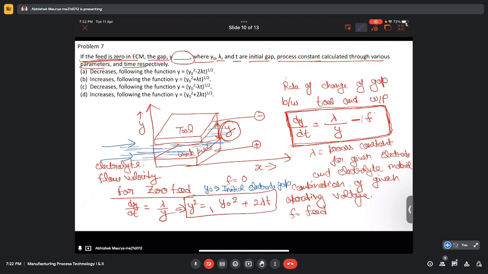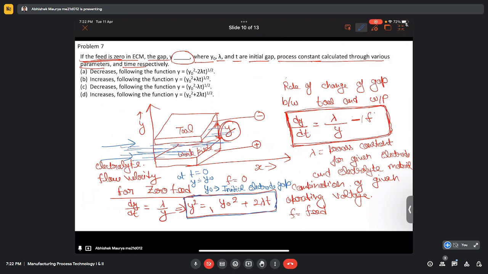Or we can say at time t equal to 0, y was y0. So after putting this boundary condition, the relation which we get between the gap as a function of time is y square is equal to y0 square plus 2 times lambda t.